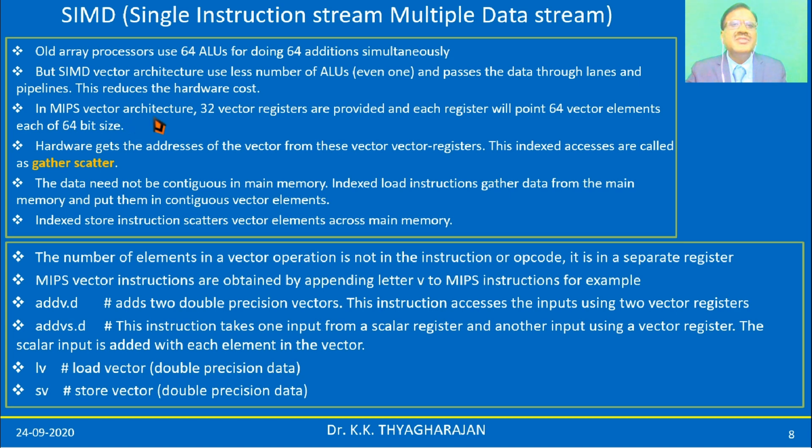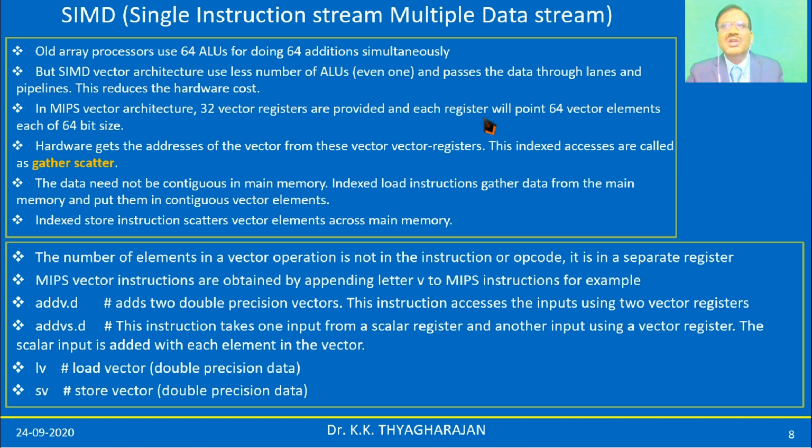In MIPS vector architecture, there are 32 vector registers and each register holds 64 vector elements, each of 64 bit size. That is, the data in the vector will be of size 64 bits.